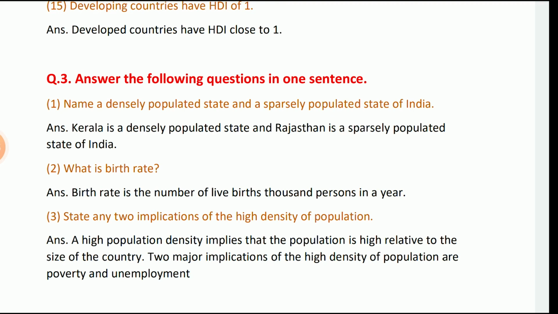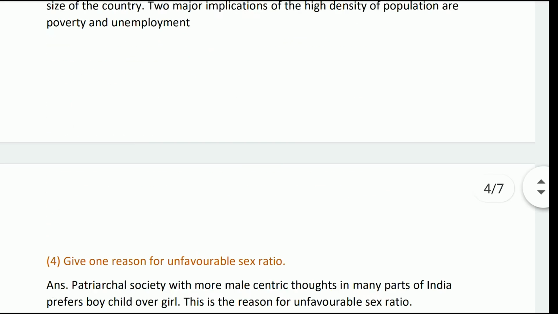State any two implications of the high density of population. Answer: a high population density implies that the population is high relative to the size of the country. Two major implications of the high density of population are poverty and unemployment.